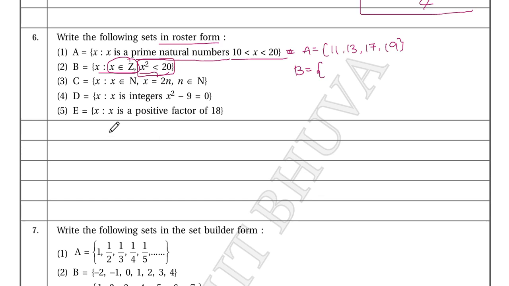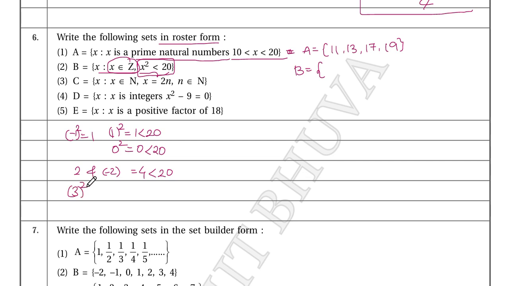If we take 1, 1 square is 1, which is less than 20. Yes, so 1 will come. Similarly, 0 square is 0, less than 20, so that will come. Minus 1 square is also 1, which is less than 20. Then 2 and minus 2, the square is 4, that is also less than 20, so that will come.